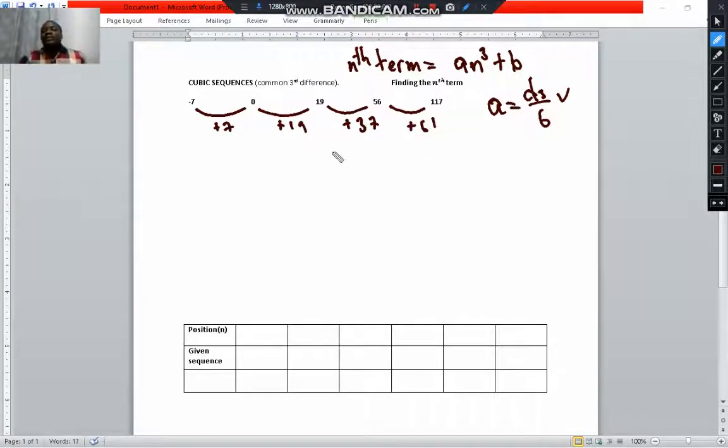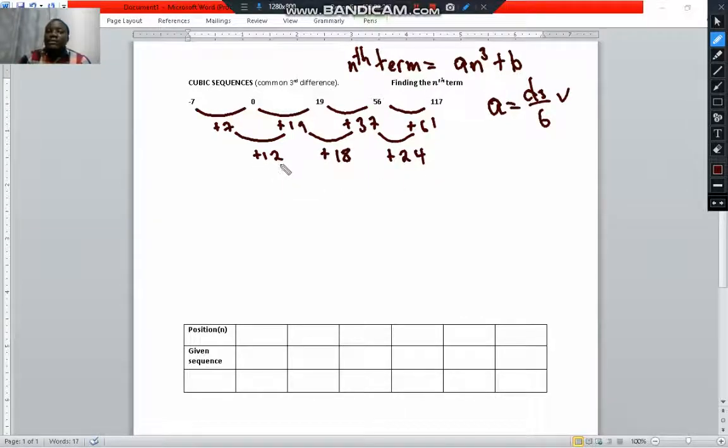The differences there are not the same, so we look at the second difference. The second differences come to plus 12, plus 18, and plus 24. So you can see that even the second difference is not the same.